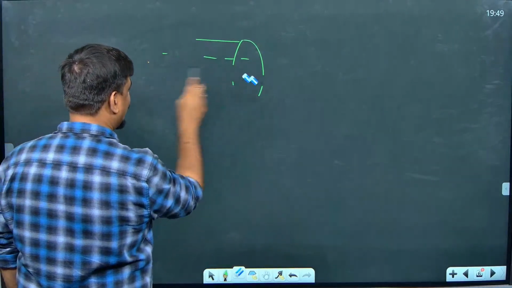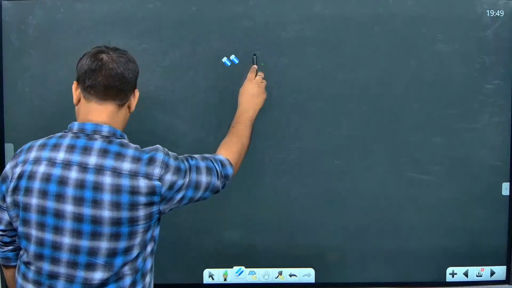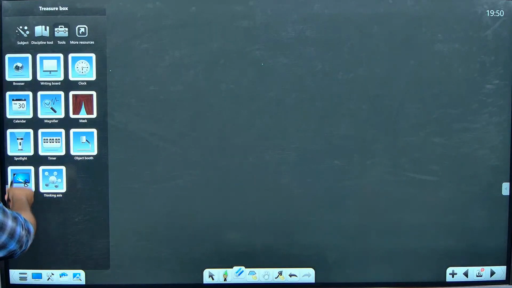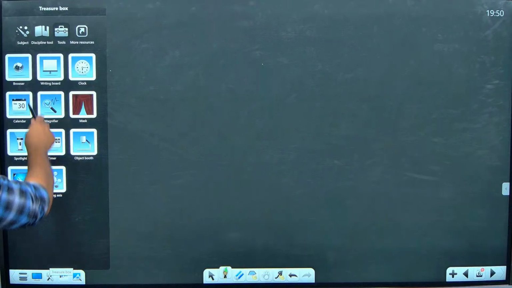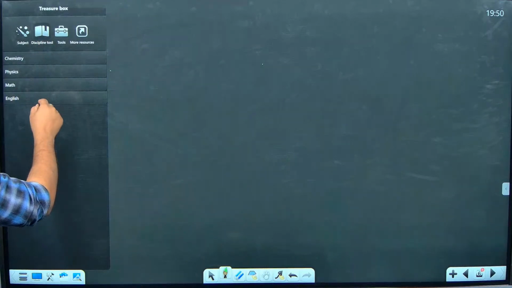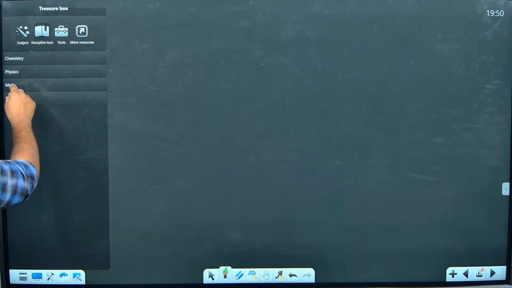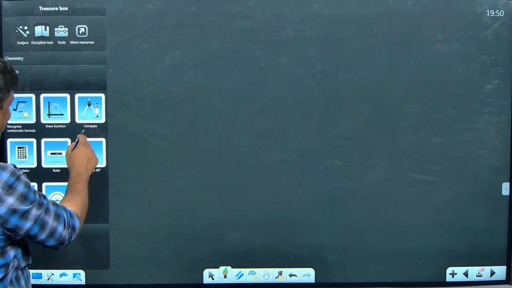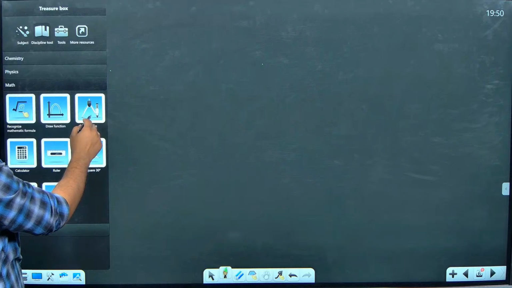We have geometrical tools in this. I am not using it much. Shall I try today? Try. We'll have time, yes. Thinking, huh? Discipline tool. I don't think subject only it should be. I don't know here. Discipline tool, physics, math only, no? Yeah, see. So, compass shall I take? Okay.